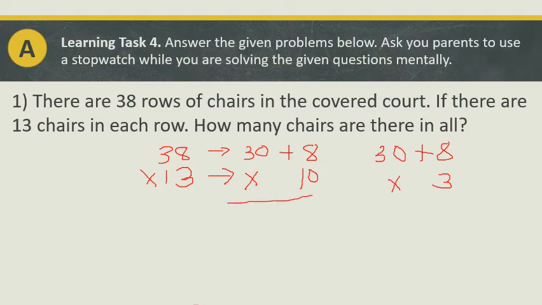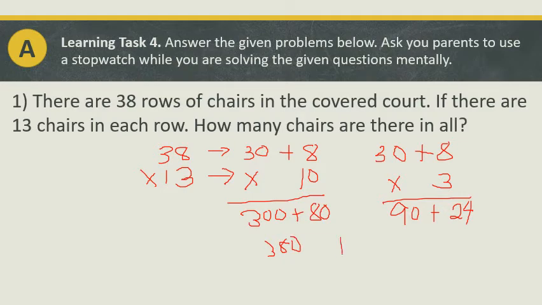Okay, so yung 30 times 10 ay 300. Ang 8 times 10 ay 80. Tapos, yung kabila naman, ang 30 times 3 ay 90. Ang 8 times 3 ay 24. Ngayon, ipag-a-add muna natin ito, yung nauna. 300 plus 80 ay 380.